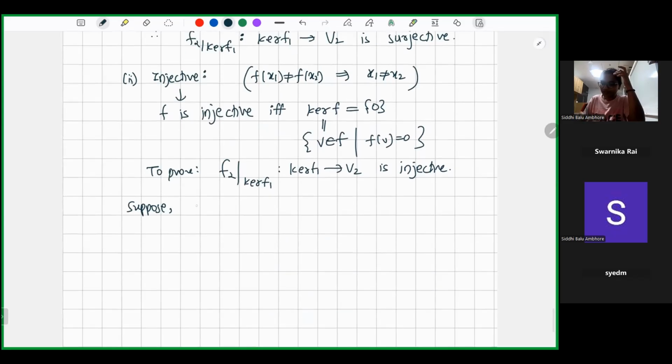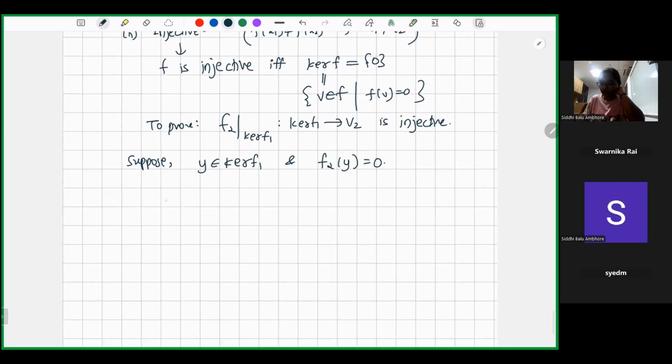So suppose that y belongs to kernel f1 and f2 of y is 0. Since our domain is kernel f1, we have to show that this y is 0 now.